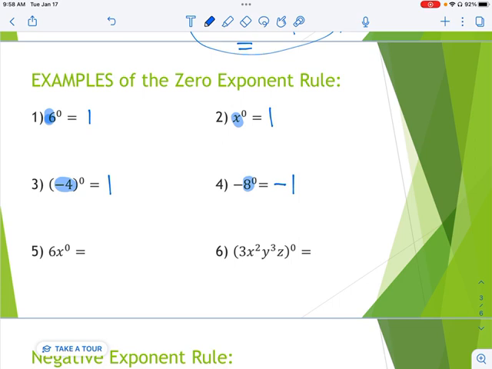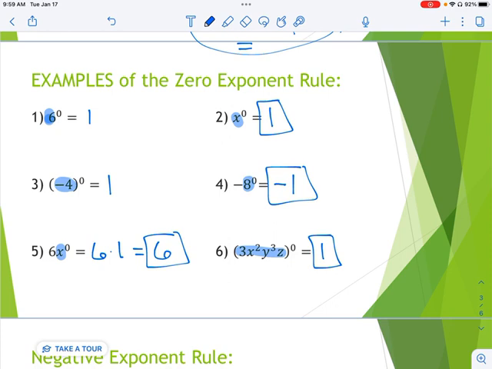Number 5, here you look, the base of that exponent of 0 is x, so that would go to a 1, so this would end up being 6 times 1, which is 6. On this last one, since there's groupings, that whole thing is the base, so that whole grouping raised to the 0 power is 1.